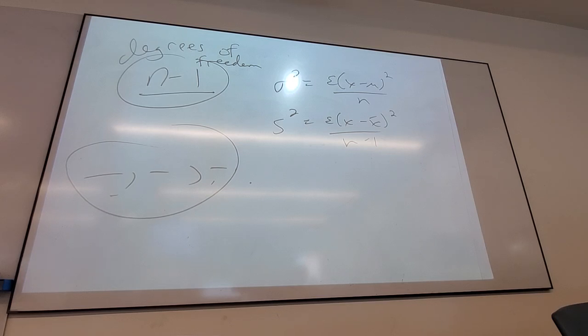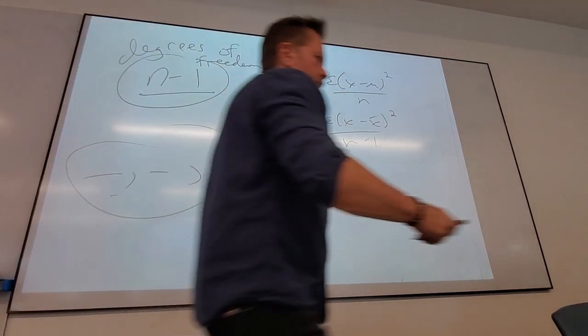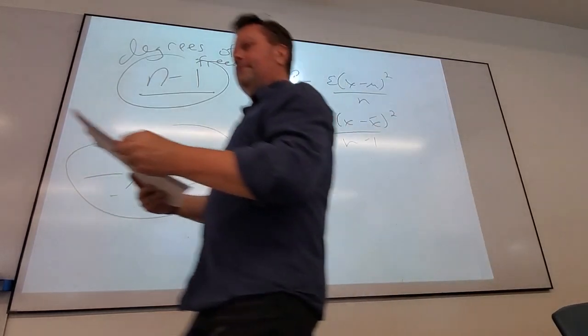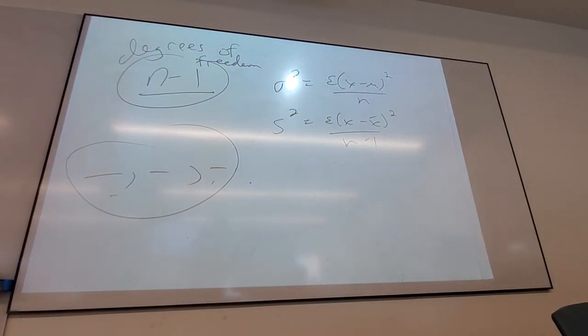So on this chart, you're going to see DF, and that means degrees of freedom. Okay, so let me give this to you, and then we'll talk about how to read it. It's got the same color scheme.